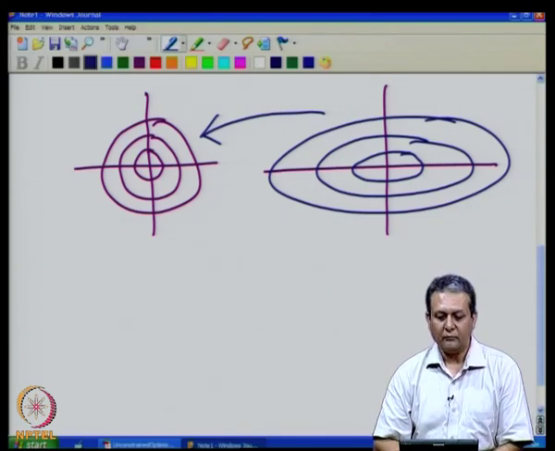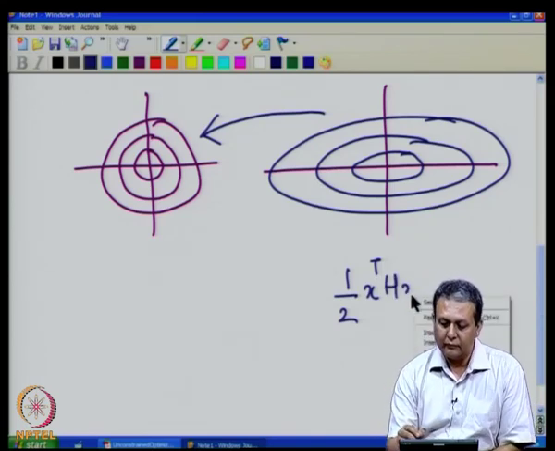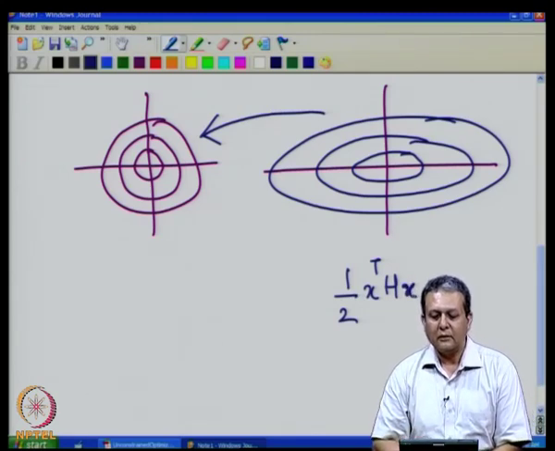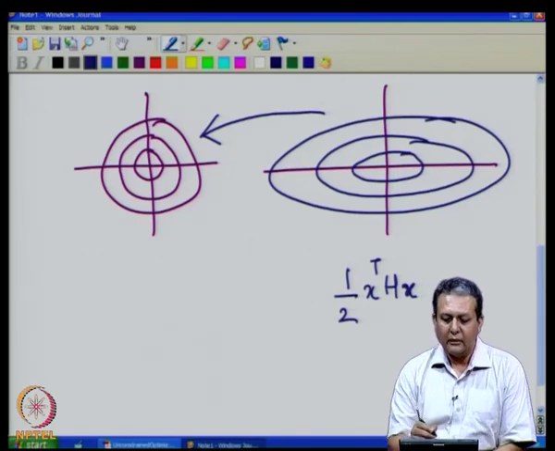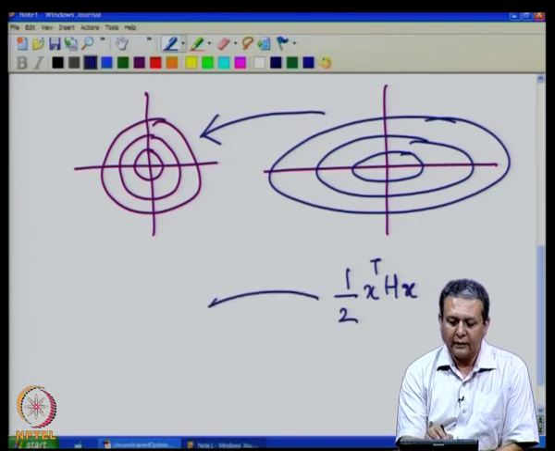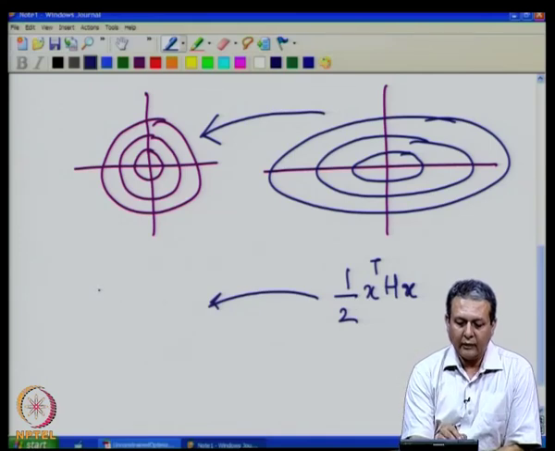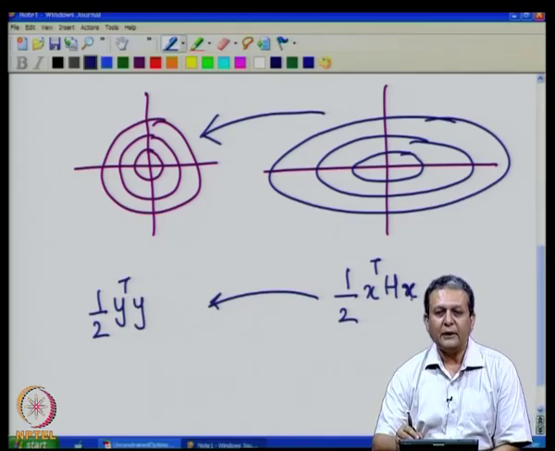In other words, suppose we have a function which is half of x transpose H x. Suppose we have a simple function like this. Now, can we convert it to a function where we can write it as y transpose y? So, suppose we have done some transformation.